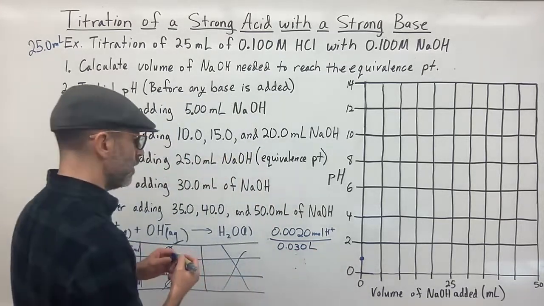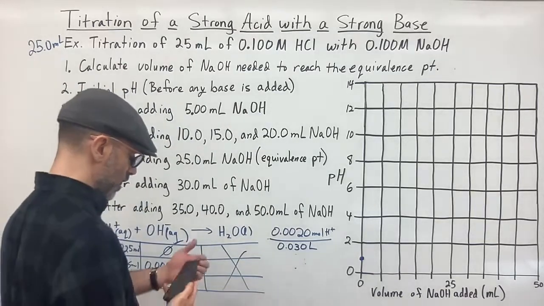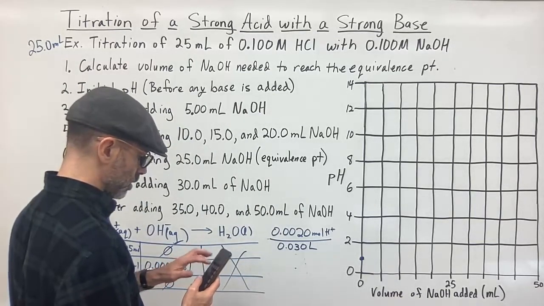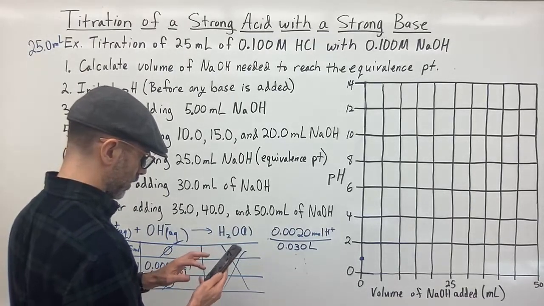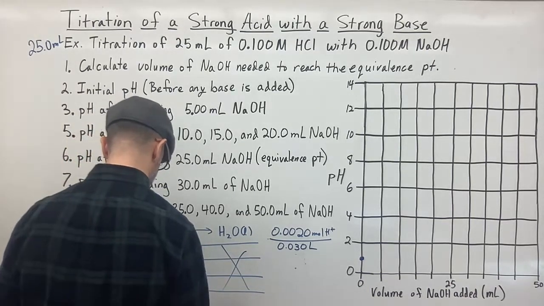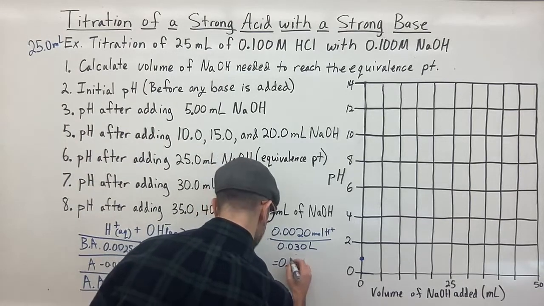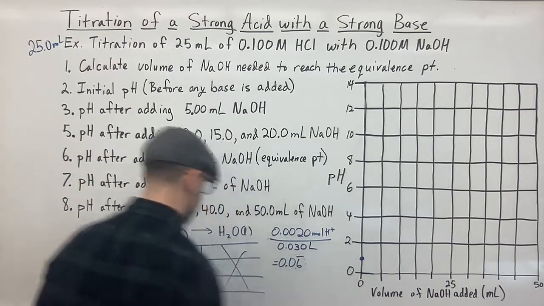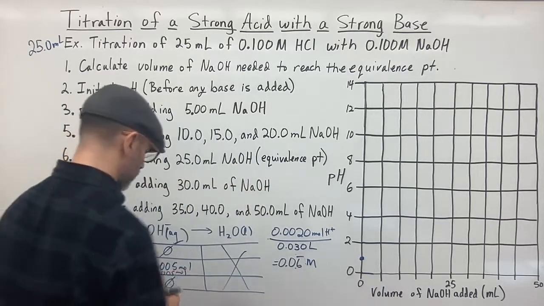Yeah, that's better. Let me calculate this again. 0.002 divided by 0.03 equals, yeah, that makes sense. We'll get 0.06 and so on. So this is our new molarity.